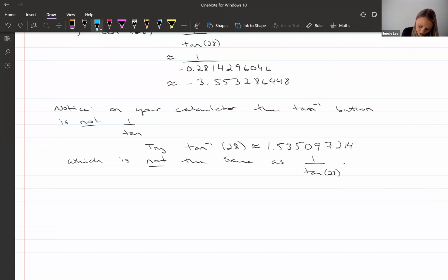Okay. So that's just something to keep in mind, right? So I'll kind of emphasize that they're not the same, right? So you have to use the reciprocal properties.